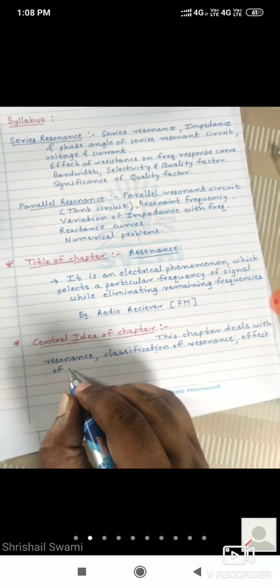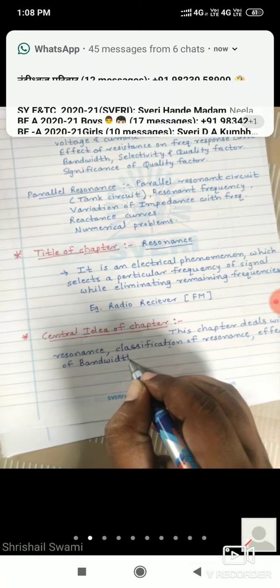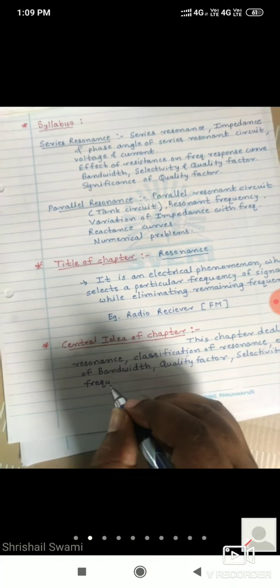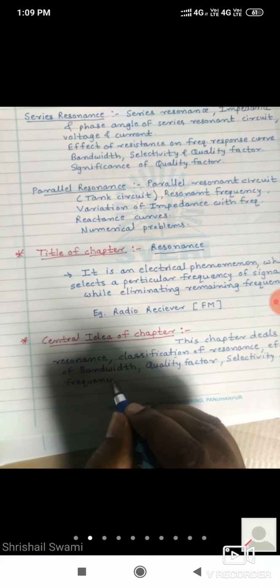Then effect of bandwidth, quality factor, selectivity on frequency response, that we are going to learn in this unit.